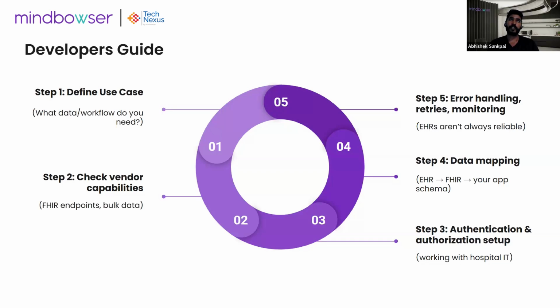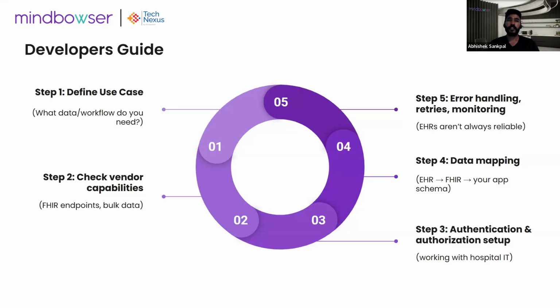Suppose we want to create an appointment app, where we can fetch appointments from the EHR using the appointments API. If our vendor doesn't support that, it will be a blocker for us. So checking with vendors is really important. We can go through their documentation.